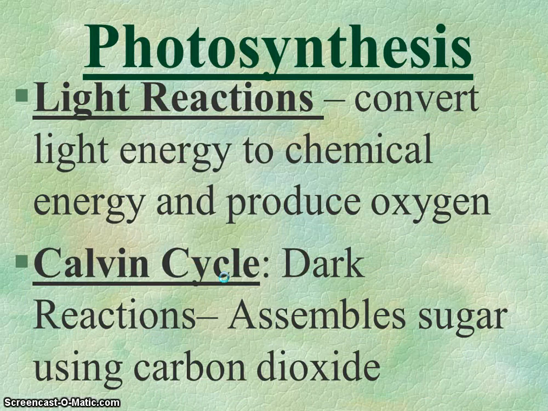Okay, so the light reactions, the main gist of this is to convert light energy into chemical energy. Okay, and that's where the water splits to produce the oxygen. Now, the Calvin cycle, the dark reactions, is what's actually going to make the sugar from the intake of carbon dioxide.